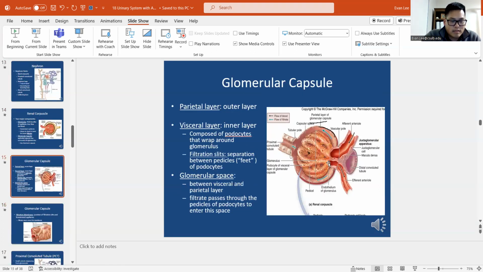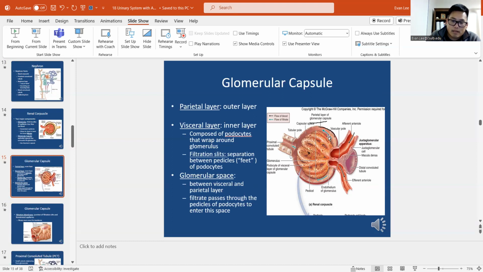Now, before we get into the rest of the nephron, there's a little bit more small stuff to look at regarding the glomerulus. There are basically two layers, as usual, a parietal and a visceral layer. The parietal layer is actually the capsule itself. This would be the glomerular capsule, the outer layer.